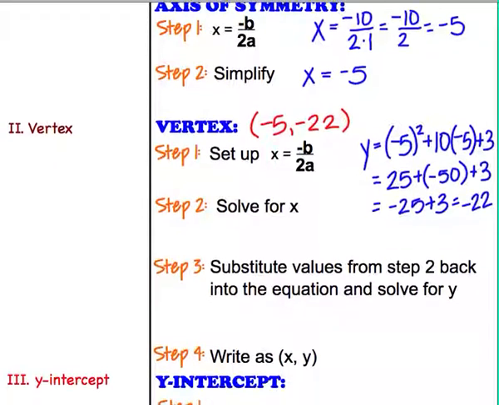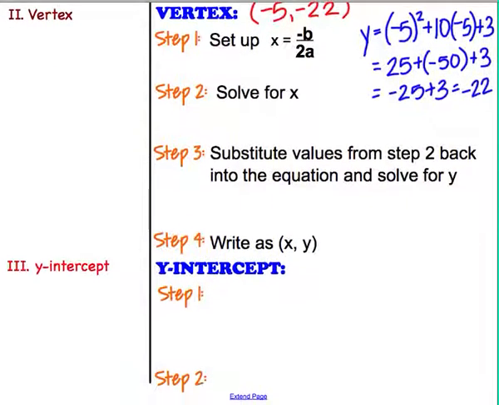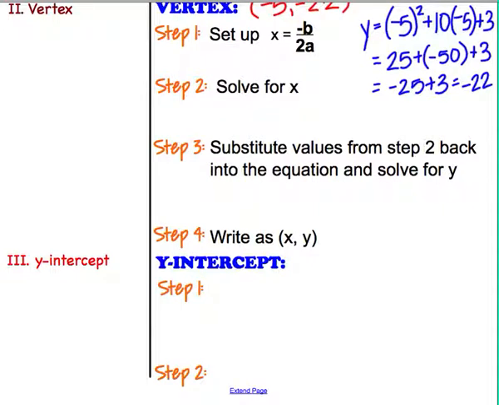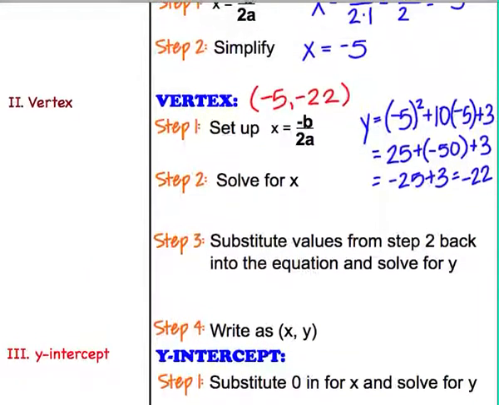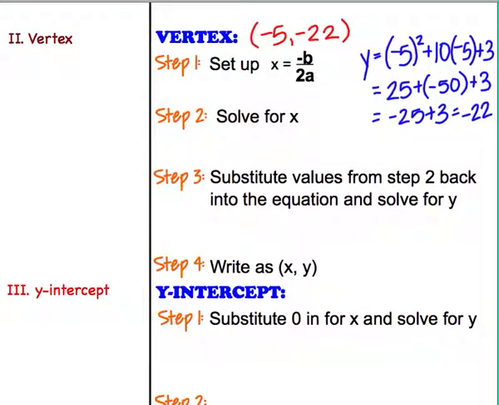But finally, we need to do the y-intercept, which, remember, is to substitute 0 in for x and solve for y. So if we go back up here to our equation, we have y equals 0 squared plus 10 times 0 plus 3, which is 0 plus 0 plus 3, so y equals 3.